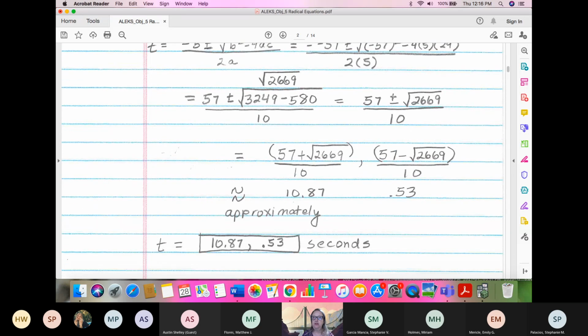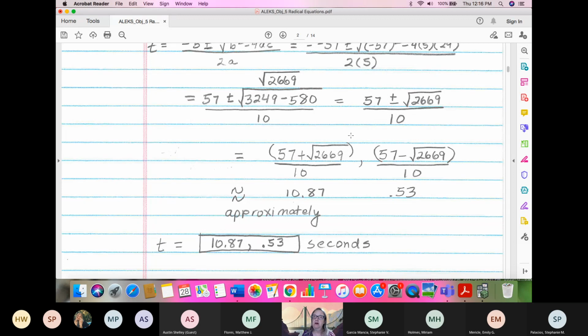Now we really have two different solutions, so let's write this as two different solutions. 57 plus square root of 2669 over 10.